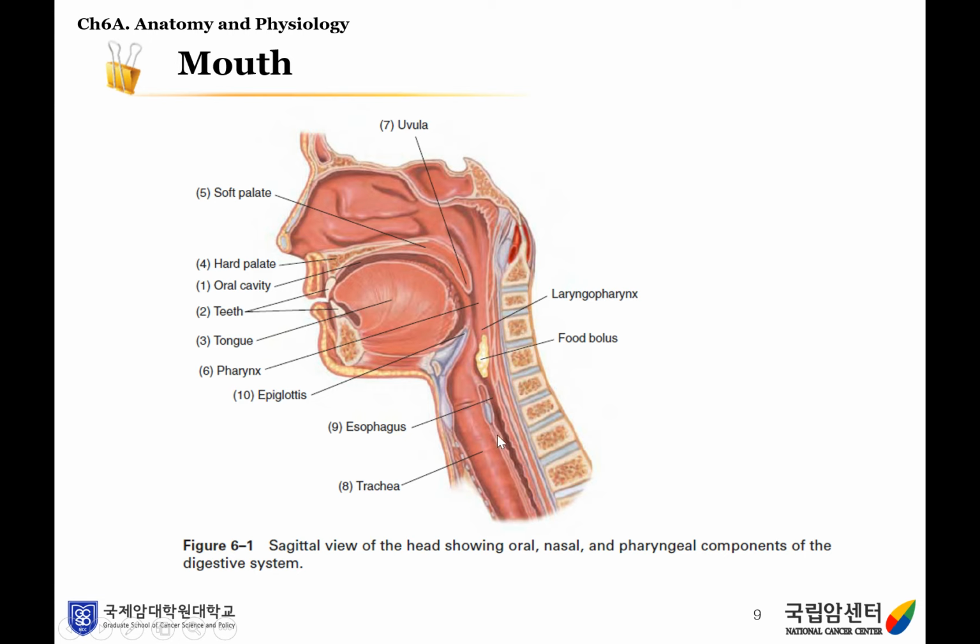In front of the esophagus there is a trachea, which is one of the respiratory tracts, and you can also see the epiglottis in the posterior part of the throat, and the pharynx.